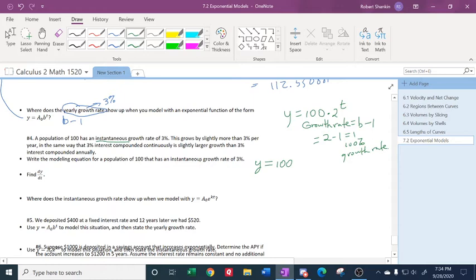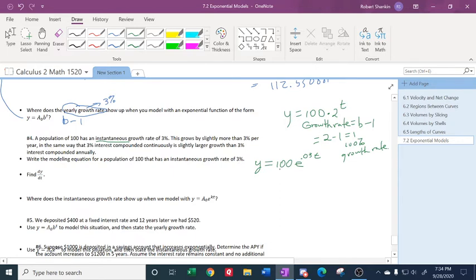Now, instantaneous growth rate, we do e to the, now it's not 1.03, but 0.03t. This has an instantaneous growth rate of 3%.